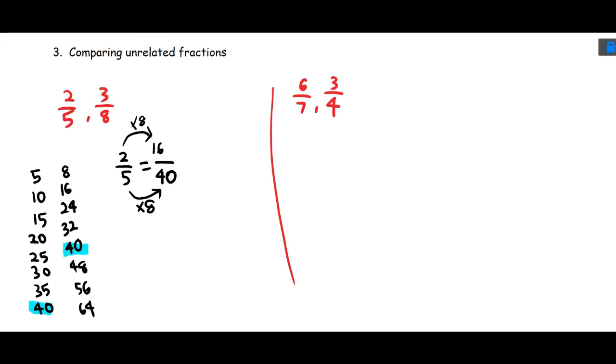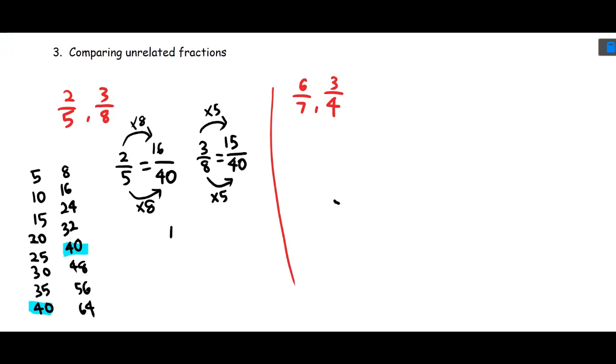Okay, now the other fraction, 3/8. I need to convert it into an equivalent fraction with denominator 40 as well. This means I take 8 times 5. My numerator, I will also need to times 5, which gives me 15.